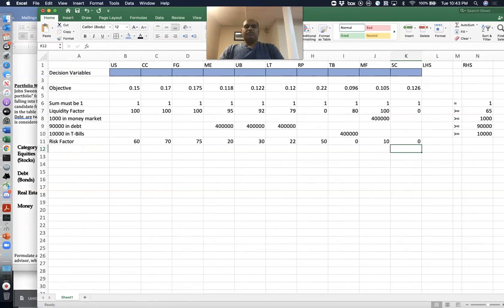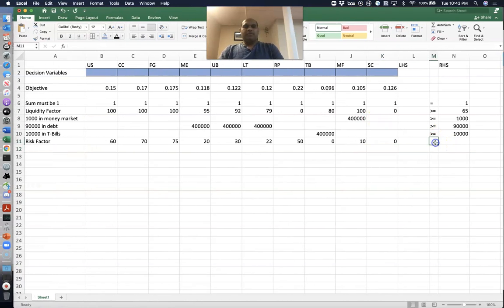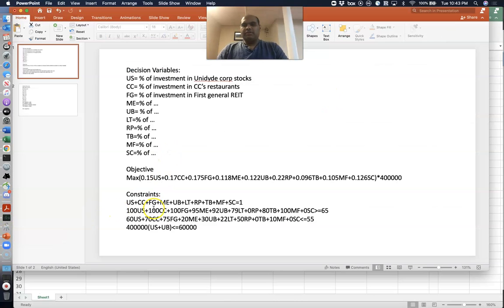These are all the coefficients for the risk factor, and this has to be less than or equal to 55. That's the risk factor that you wanted. So that's the first less than or equal to constraint that you have.